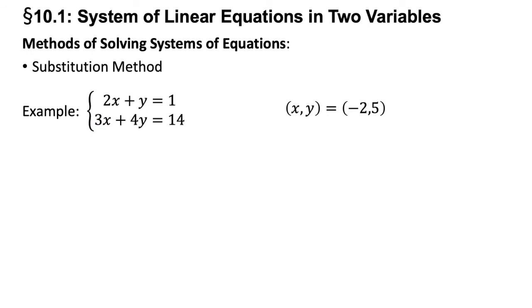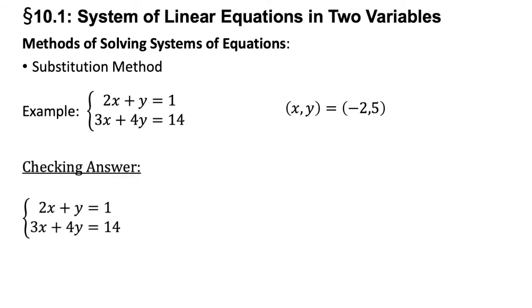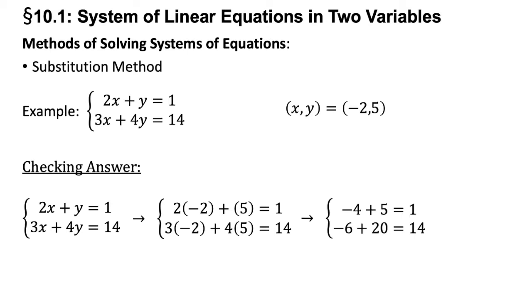Now (-2, 5) is a possible solution, and we want to check our answer. By substituting -2 for all x's and 5 for all y's, we check to make sure that the solution we found is an actual solution and not an extraneous solution.